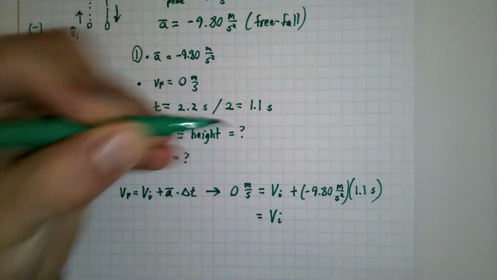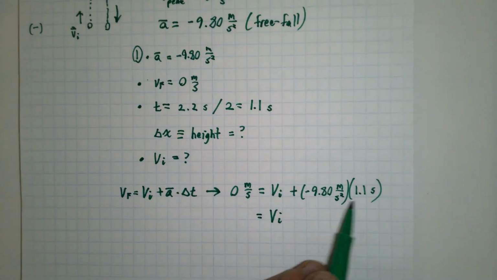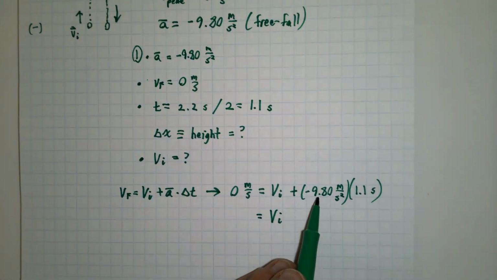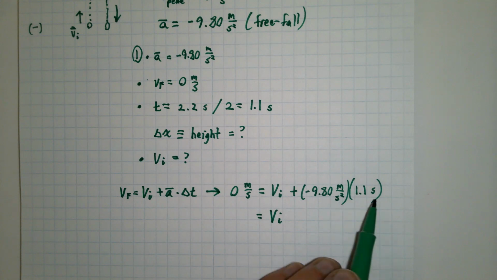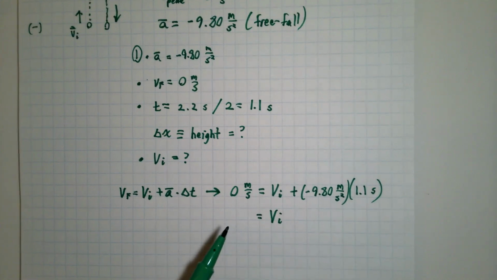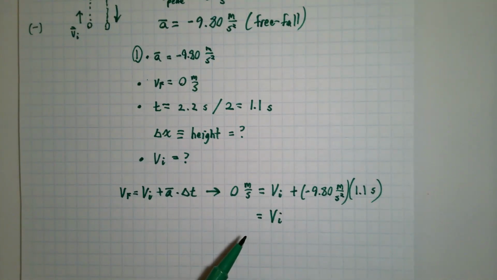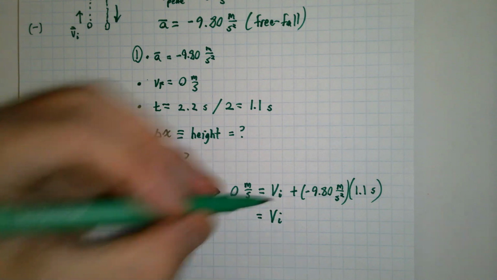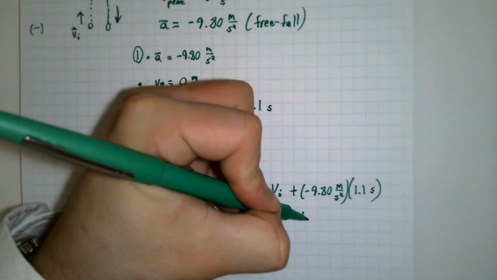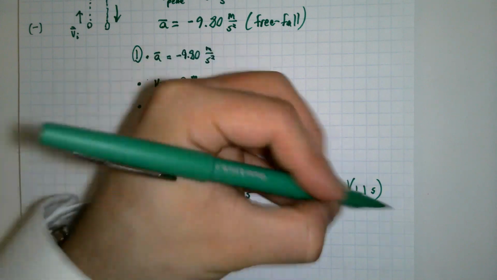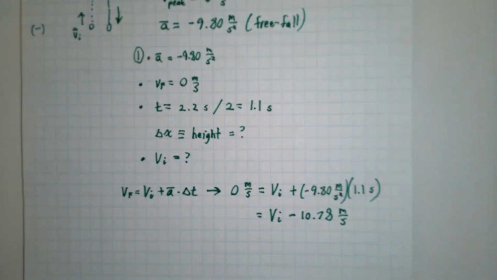I'm going to leave this initial velocity on its own to the right and move this guy right here, this 9.80 meters per second squared times 1.1. I'll multiply that out real quickly. And I get minus 10.78 meters per second.